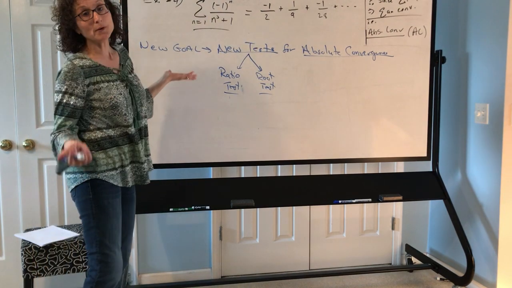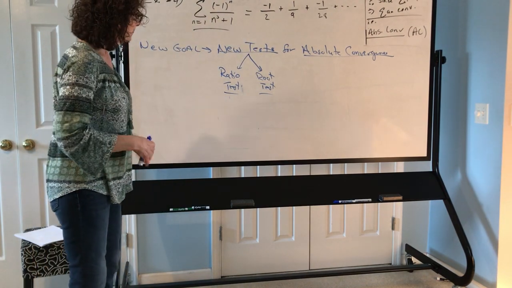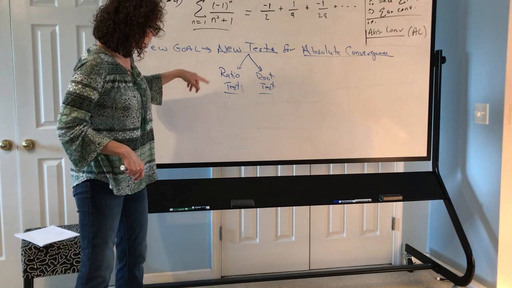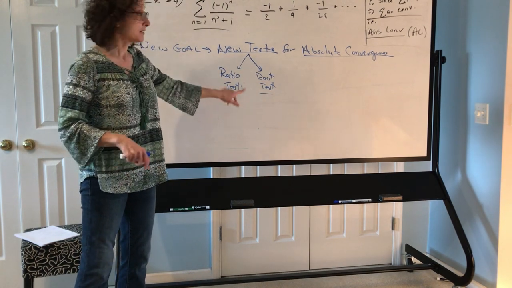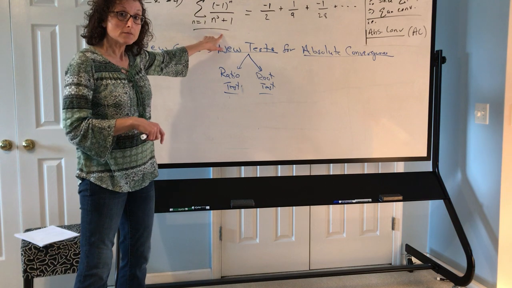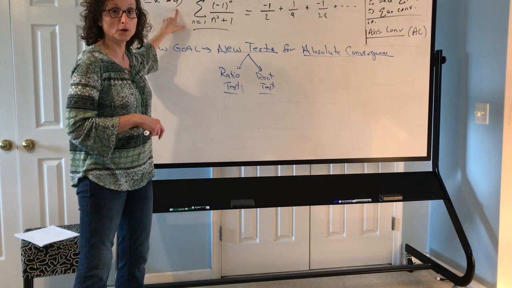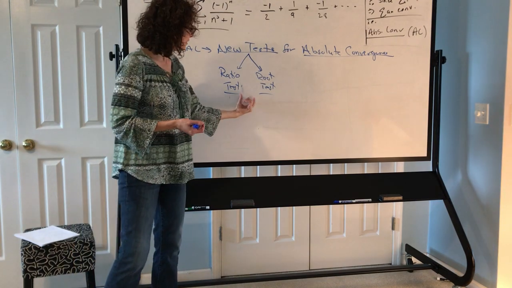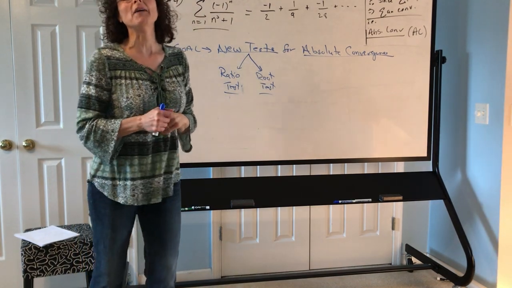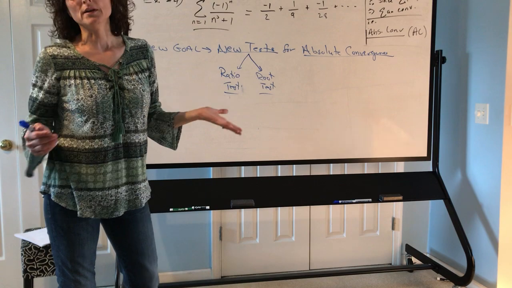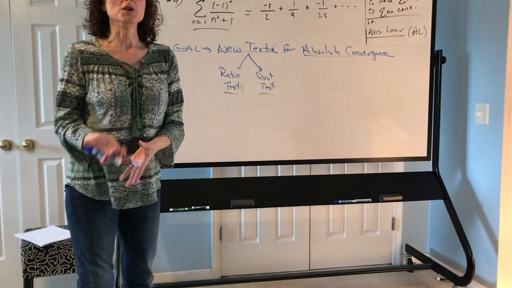But you can't ignore or forget the tests that we had before. In particular, the ratio test and the root test would not have allowed us to answer this problem we just did, 11.6 number 4. One of the things we're going to see about these 2 tests is that there are cases when they fail and they tell you nothing.